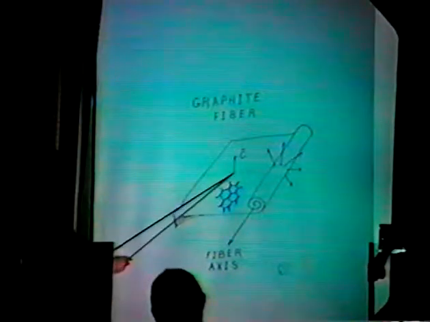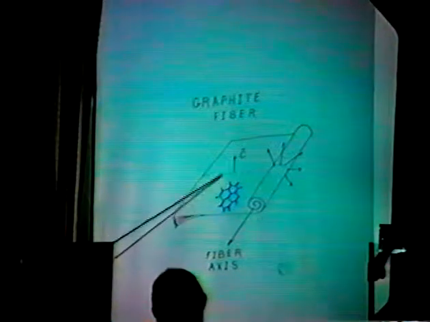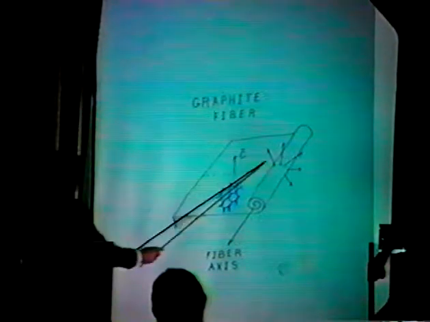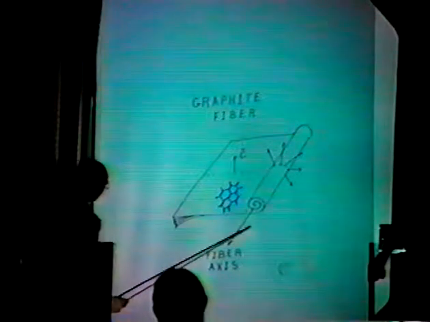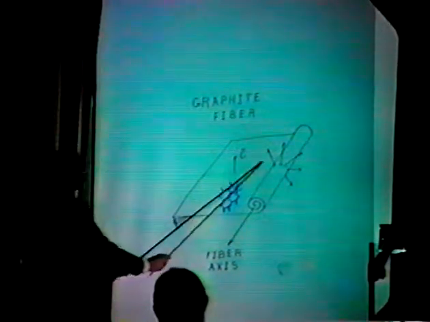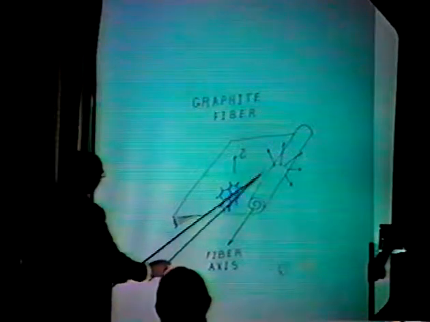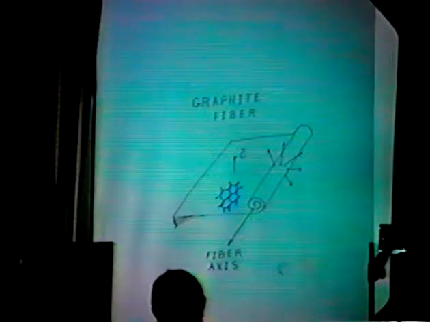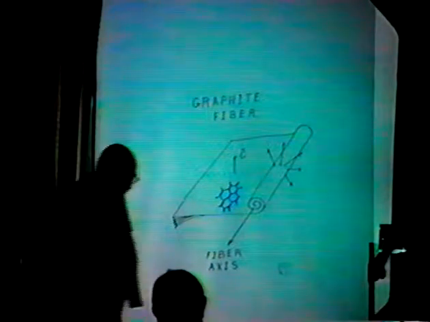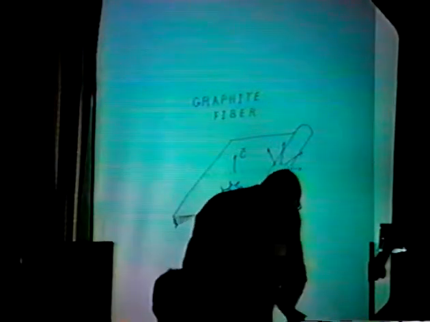This means that the C-axis, the normal to the plane, will always be perpendicular to this fiber axis, but it will be equally distributed over all angles in the plane normal to the fiber axis. And this gives you a certain kind of spectrum, which is one of the things I want to get into.